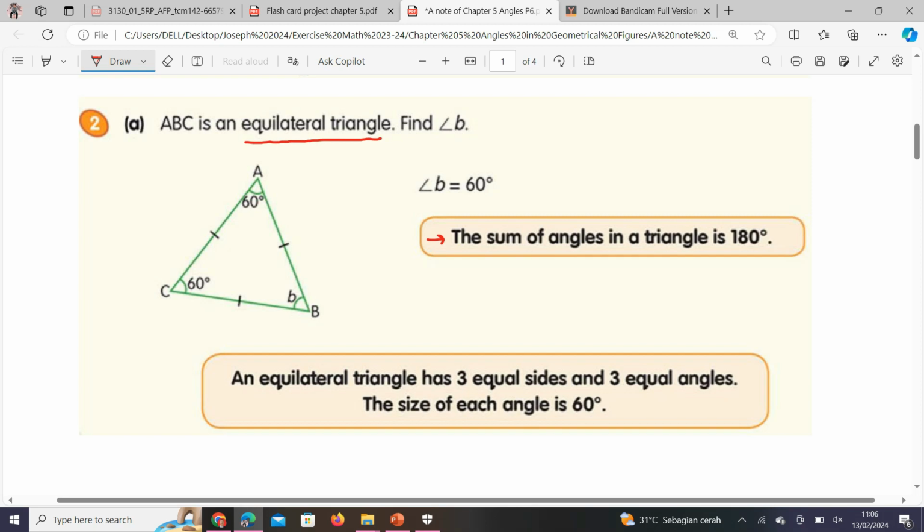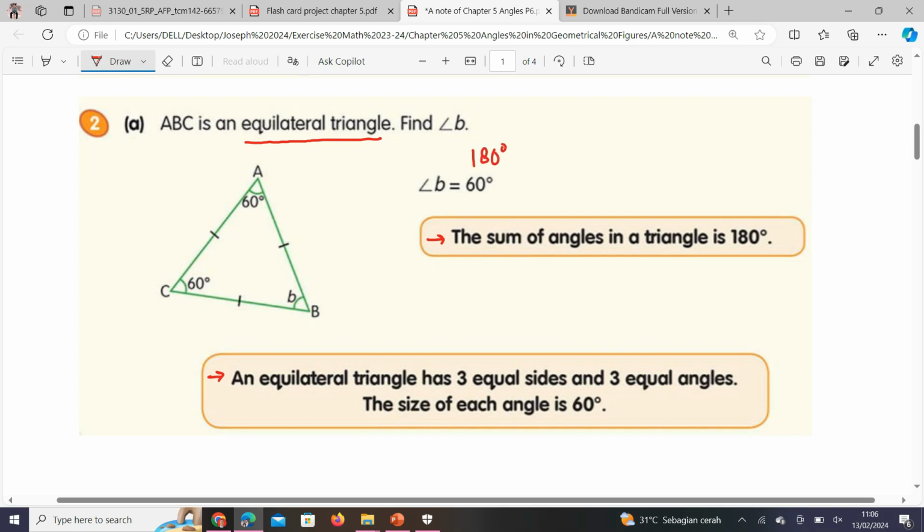And in this case, because it is an equilateral triangle, you need to memorize this law. An equilateral triangle has 3 equal sides and 3 equal angles. The size of each angle is 60 degrees. Why? Because an equilateral triangle has 3 equal sides and 3 equal angles. So to find the angle of B, you can do this calculation.